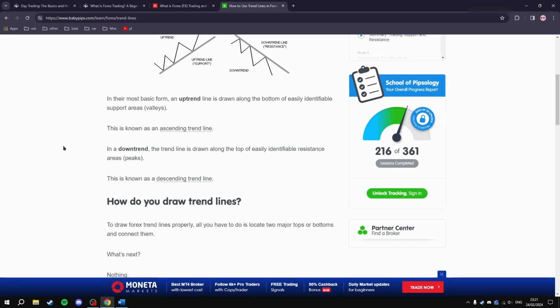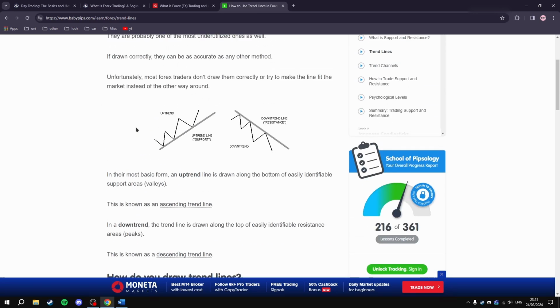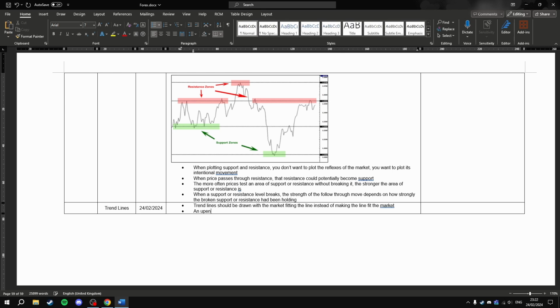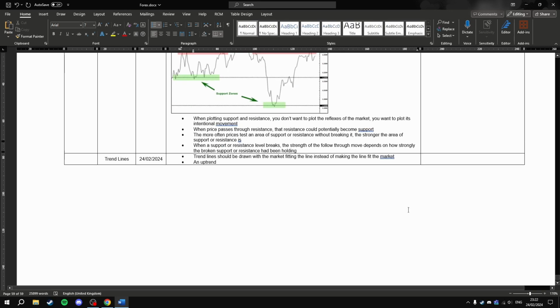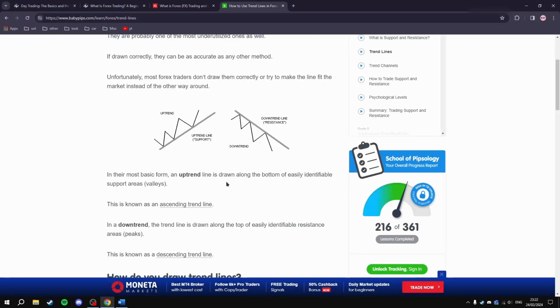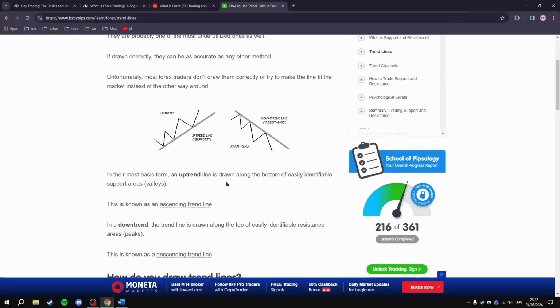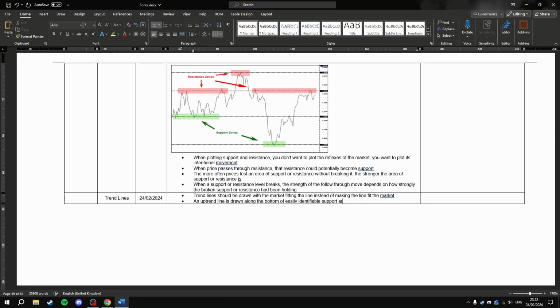In the most basic form, an uptrend line is drawn along the bottom of easily identifiable support areas, or known as valleys.